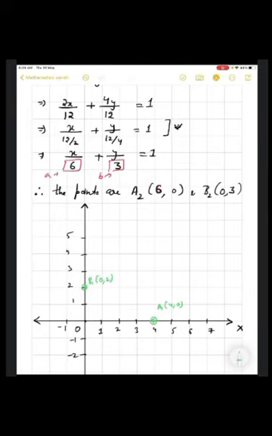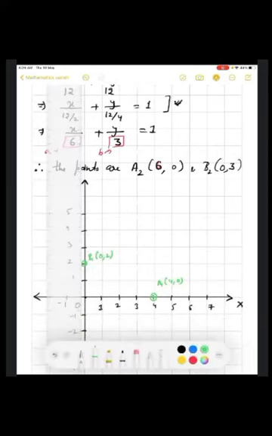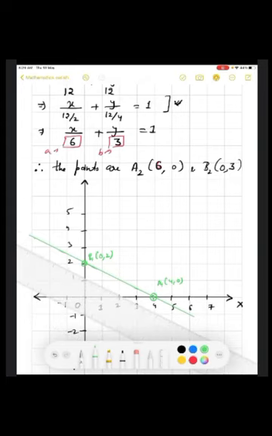Let's plot A2, and what you can do is initially आप इन्हें join कर लीजिए so that your graph is visible to you. So this is the first graph of first equation. So this is for equation 1.